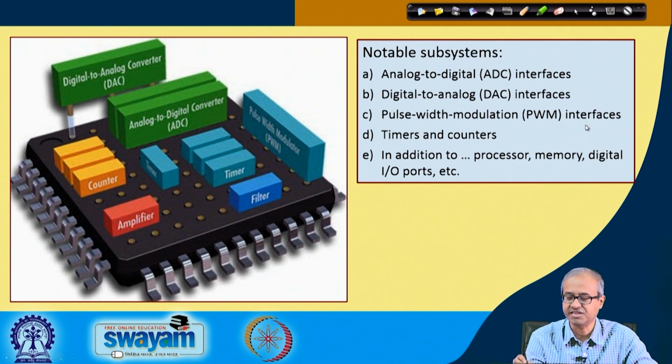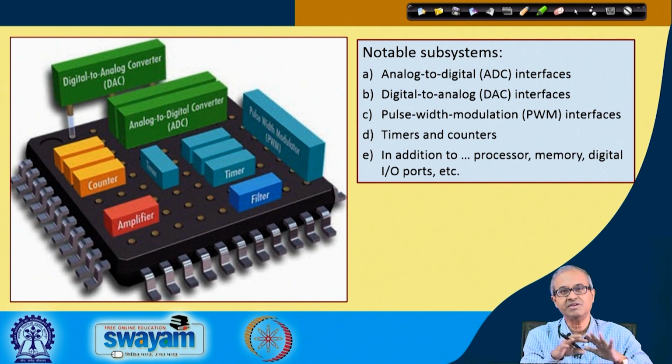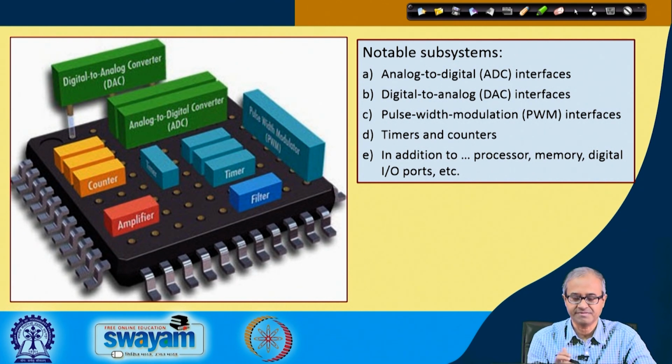Pulse width modulation interfaces, we shall be discussing them, timers and counters. All of these things are required for certain scenarios or the other. Typically, in those microcontrollers, all these facilities are provided. Okay.